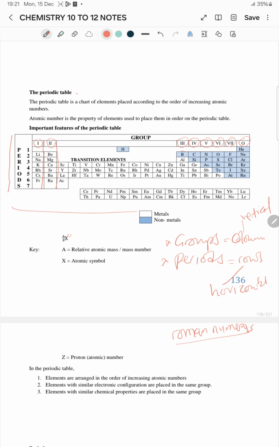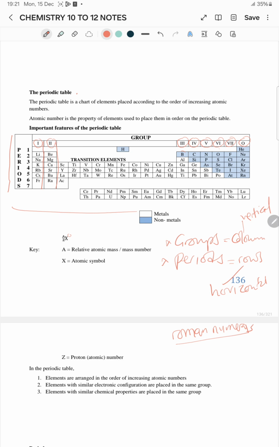When you go to group 5, you find elements that are very interesting, which are nitrogen, phosphorus. When you go to group 6, you can just go through and check out group 6. We have oxygen, we have sulfur. You continue just like that.